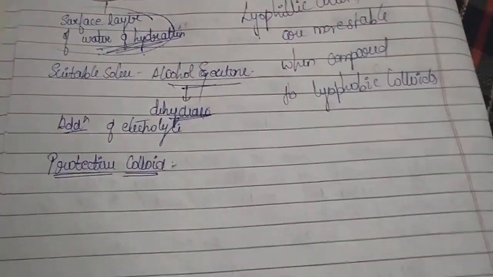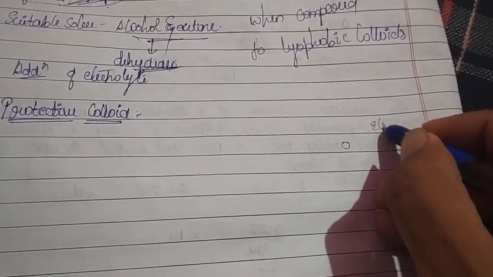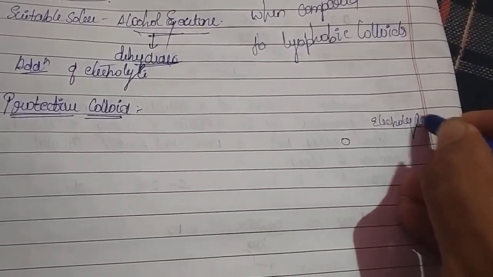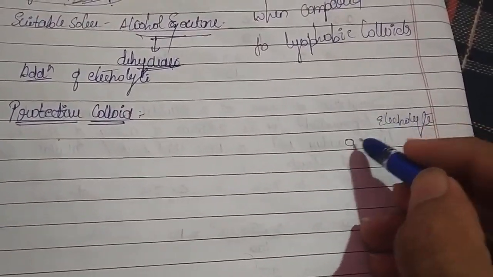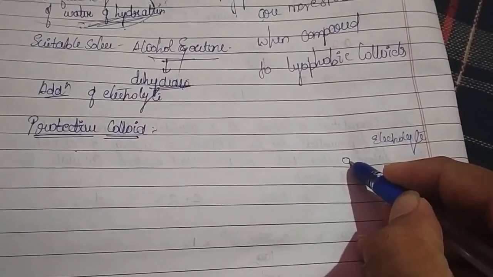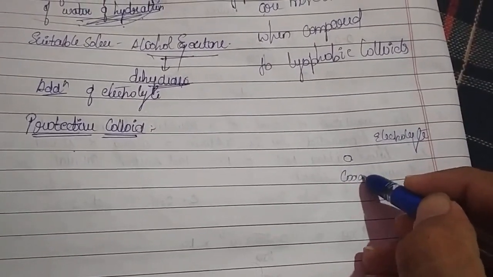What does that mean? Whenever I choose my lyophobic colloid and add an electrolyte, what should happen under this concept? The electrolyte should not come near your lyophobic colloidal particles, and coagulation should not occur.